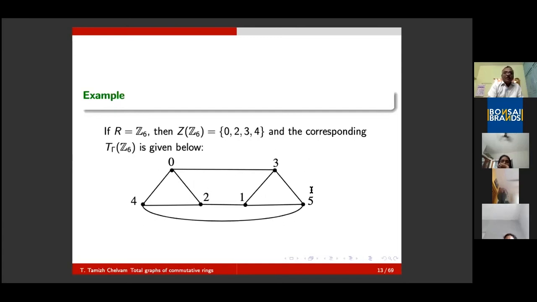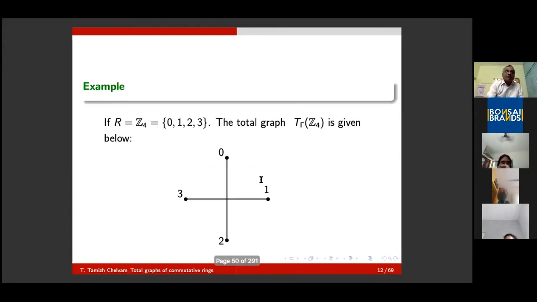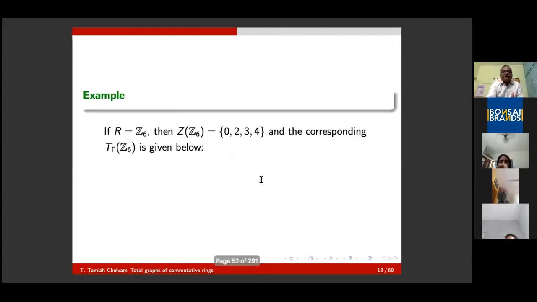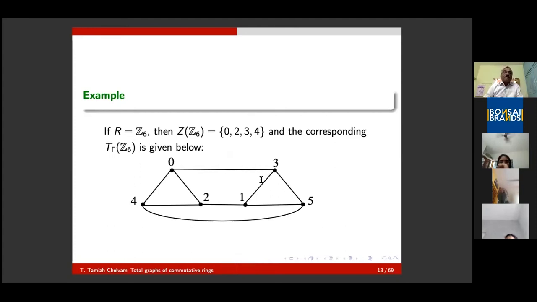So the edges are created only through addition of elements, where the sum of the vertices is an element of the zero divisor set. In contrast to the total graph of Z4, which is disconnected, the total graph of Z6 is connected.